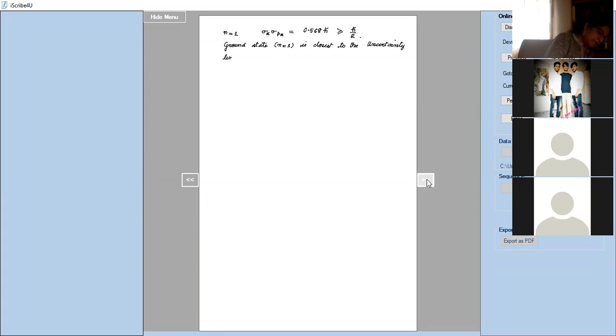Please take this as a given, all right? You may be asked these questions for other states, but remember the ground state is usually the minimum uncertainty state. So any comments about this? If this is done, then we shall close this problem. Any comments, please?